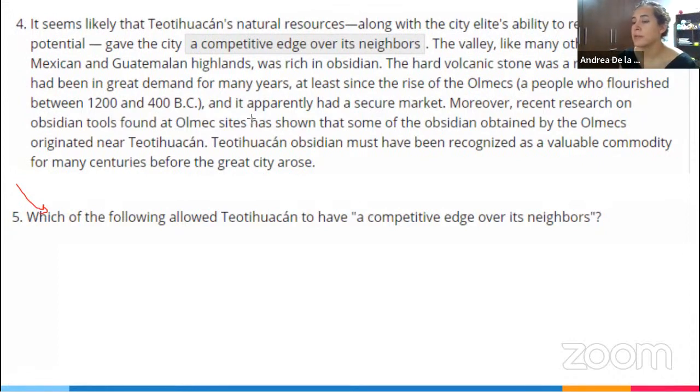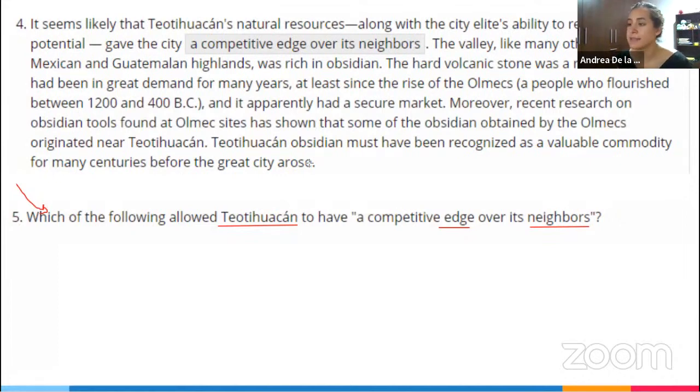The keywords will be the most important words from the question, the words that contain the most relevant information they're asking about. So they're asking for what allows Teotihuacan to be competitive, to have an advantage over its neighbors. Usually the nouns are going to be the most important words. Teotihuacan, advantage, neighbors. Those are the keywords.